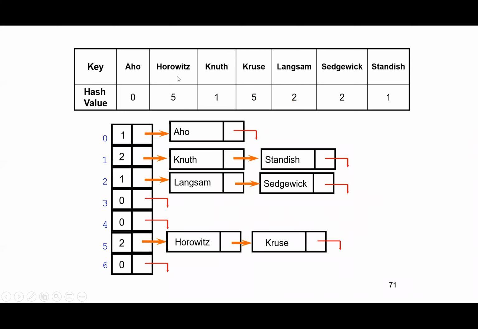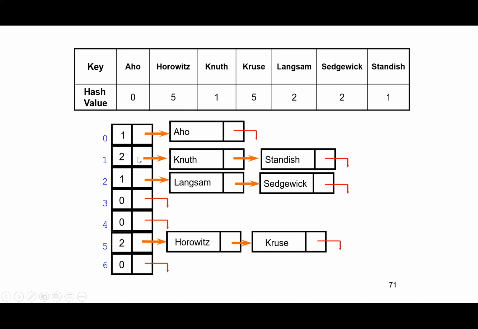Based on the hash value that we got for each of the names just now using the hash function, if I want to store them in a hash table using chaining, this is how the hash table will look. For example, Aho is stored in index 0, right? So here my linked list only has one item.